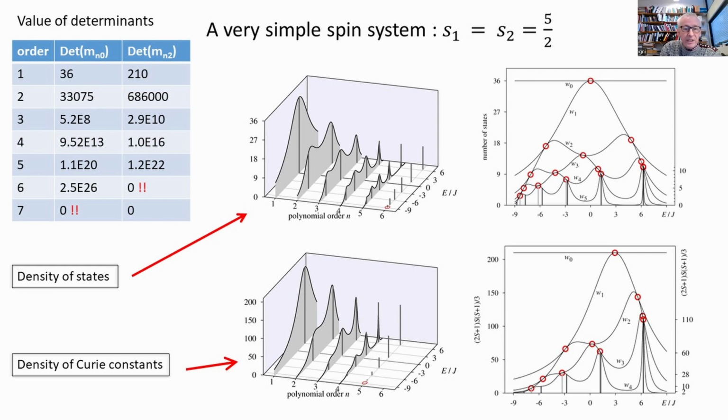Yeah, the first order polynomial has only one root at the center. The second has 2 roots, then 3 roots, 4 roots, 5 roots, and actually 6 roots from spin values 0 up to 5. And this is exactly the same exact energy level diagram for this simple dimer.